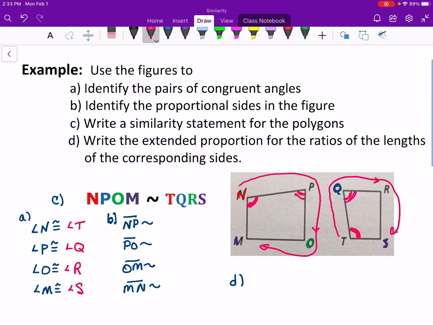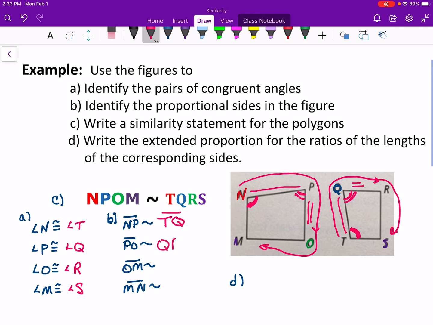Then the sides. All right, NP is between a single and a double arc. The side between a single and a double arc in the other figure is TQ. So those two correspond. PO is the next side and we're walking around the figure. So it corresponds to QR.